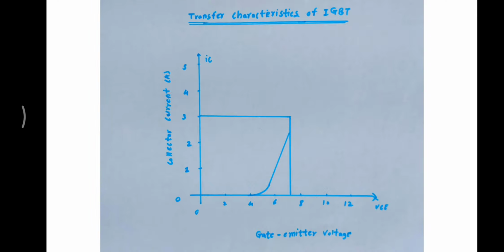The IGBT remains off, with no collector current. Then the second region is the active region, and IC increases exponentially with VGE initially. And the third region is the linear region. After the initial rise, IC increases linearly with VGE. So thank you.